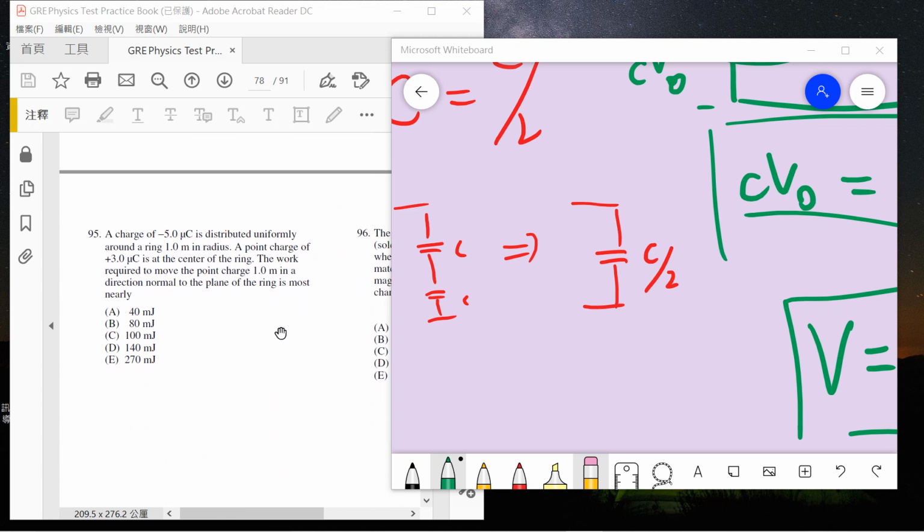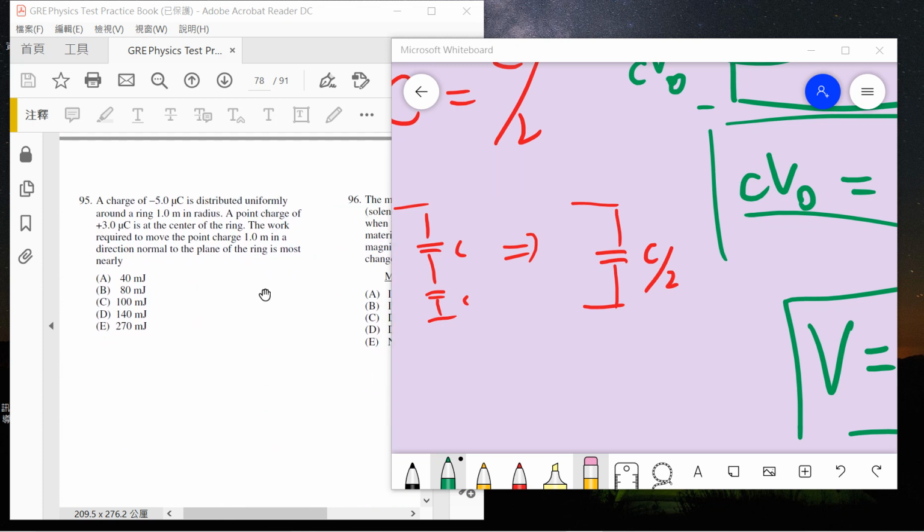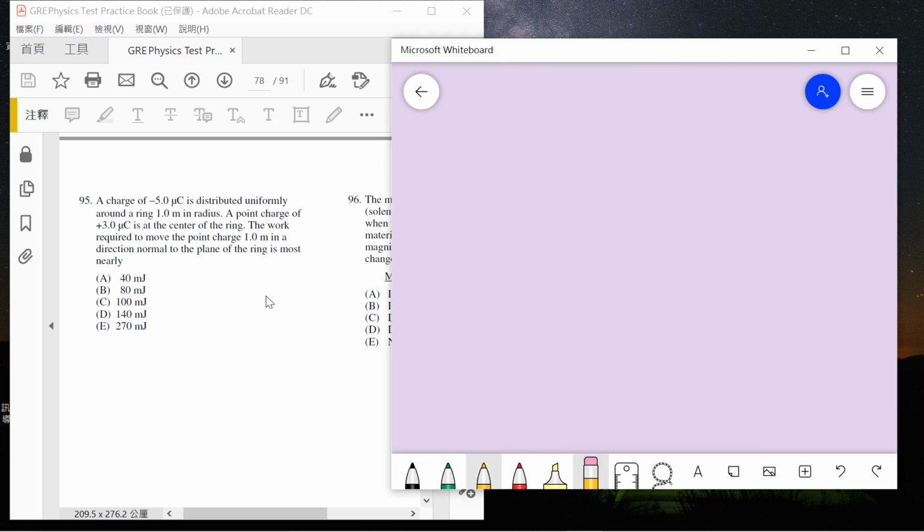Okay, so 95, a charge of negative 5 μC distributed uniformly around a 1 meter radius ring. A point charge of 3 μC is at the center of the ring. The work required to move the point charge in the direction normal to the plane of the ring. Maybe we need to draw a diagram to see what's going on.